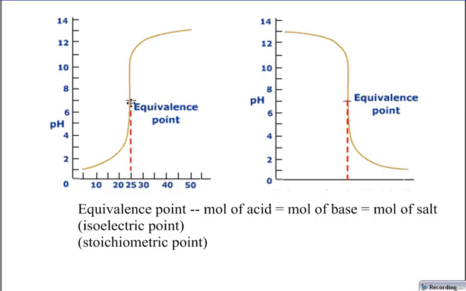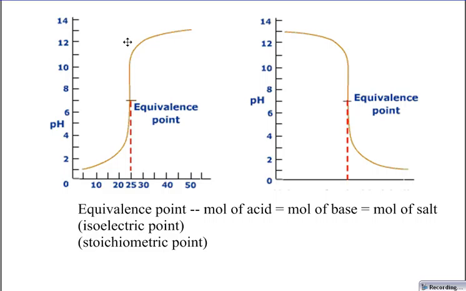You could see it as a dot S, a little dot on the line with an S, and that means they're calling it a stoichiometric point. Or you could see it as a dot I, where it's the isoelectric point. Those are all synonymous terms, and all it means is that at this particular point, moles of acid equals moles of base equals the moles of salt.